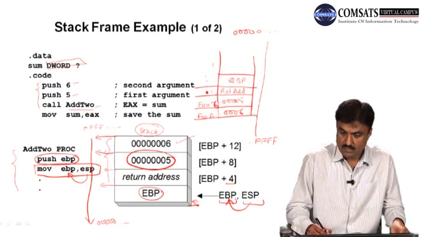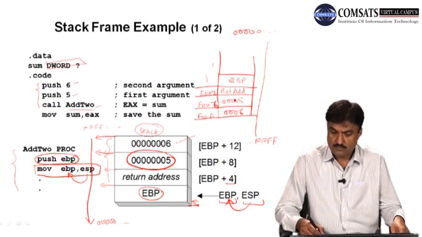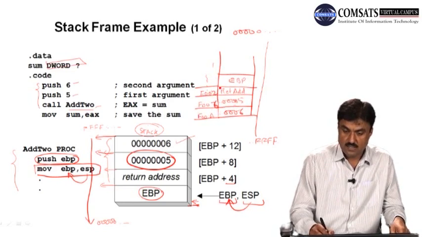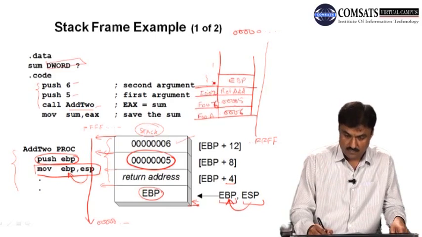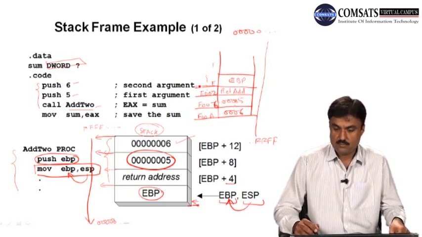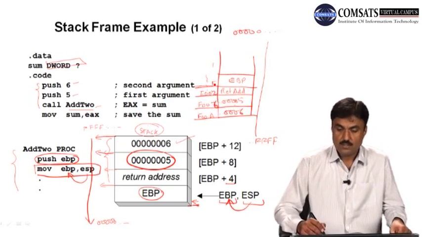So here, for example, we have F002, and so on. If we want to access this one, what we have to do? The current value of EBP is, for example, this one, this should be for example EF01, whatever the value, D or E.